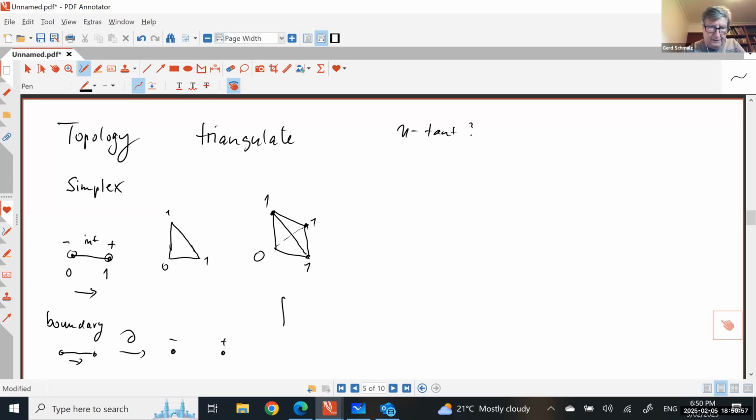If we have a triangle, then apply the boundary operator. Then this is oriented like this. Then we have this piece, and then this piece, and then this piece. So actually 3 pieces of boundary.